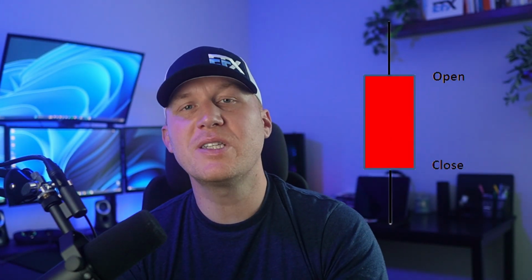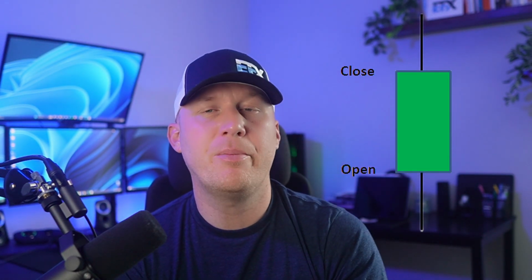But we can dissect these candles even further by looking at the opening and closing price. If the candle is red, then the closing price is the bottom end of the candle body and the opening price at the top. And for a green bullish candle, it's the opposite. The bottom of a candle body is the opening price and the top of the candle body is the close price.